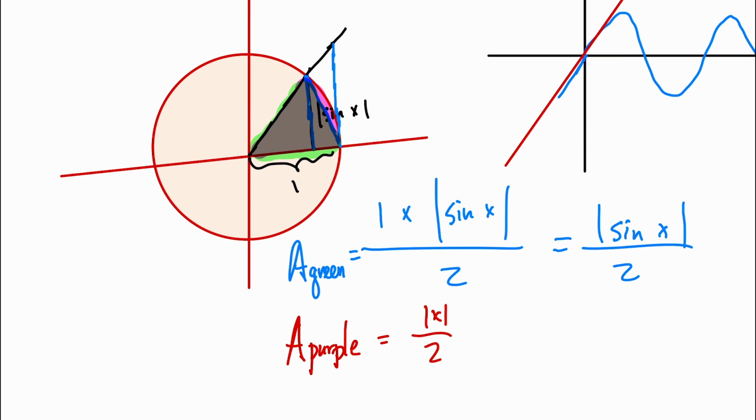And if we have this third color, the largest of them all, this area is also easy to prove because we constructed this as a right angle, and we can use similar triangles to get that this is the value of the absolute value of tangent x.